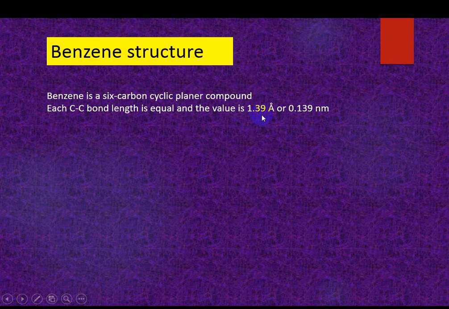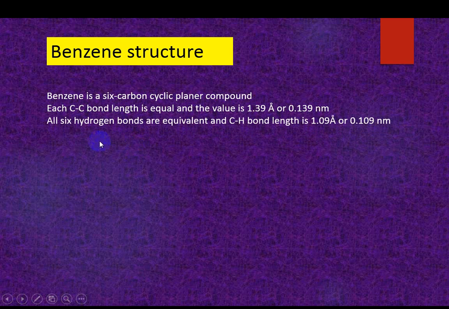All 6 carbon-hydrogen bonds are equivalent. Carbon-hydrogen bond length is 1.09 angstrom or 0.109 nanometer. The bond angle is 120 degrees.